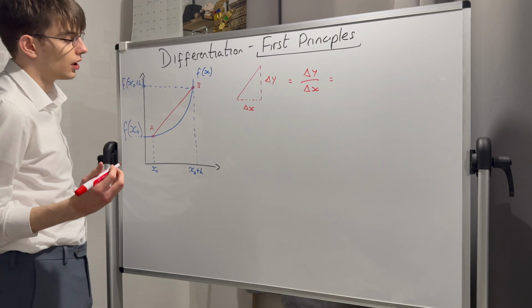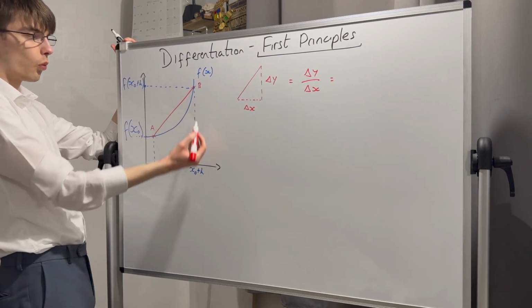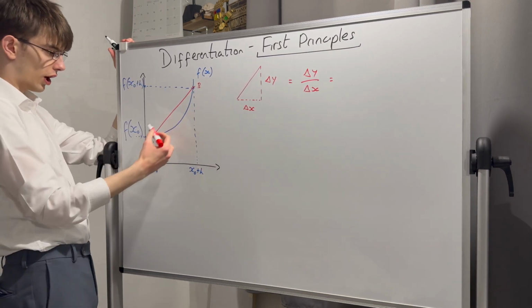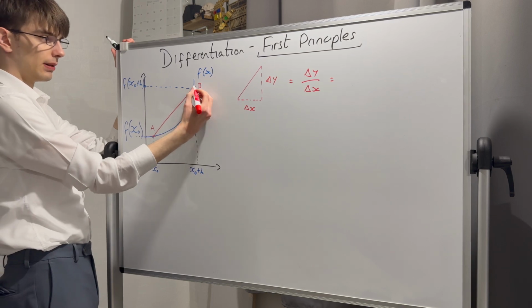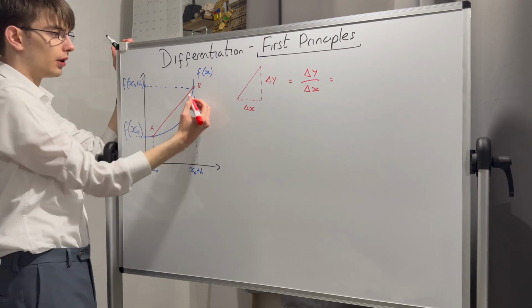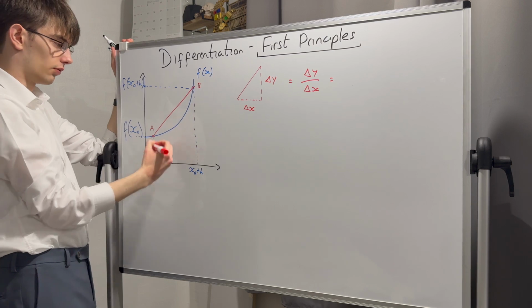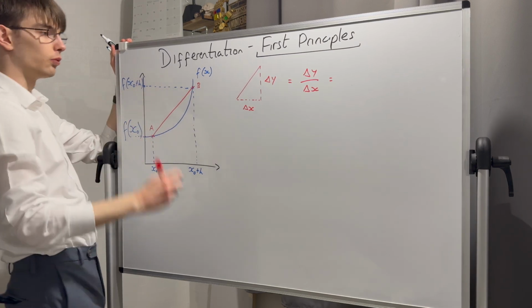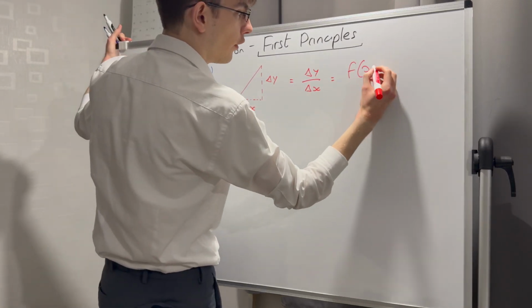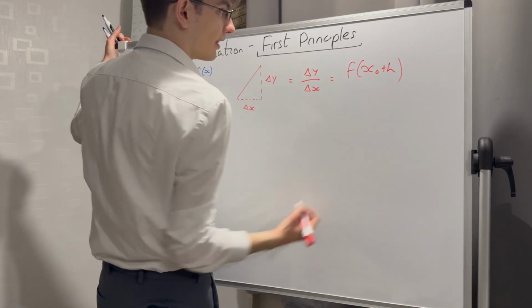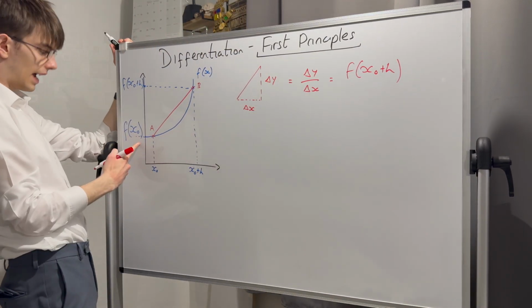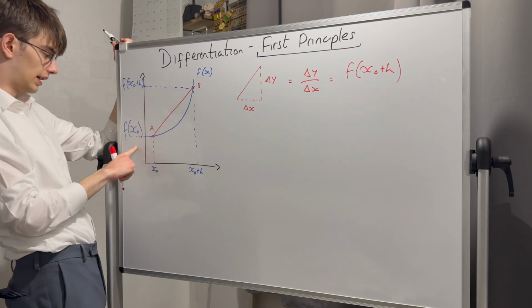Hopefully we know that. So, what's my change in y? Well, my change in y between A and B is going to be B's y value, because it's higher up, minus A's y value, because it's lower down. What's B's y value? Well, it is f of x naught plus h, minus what's A's y value? It is f of x naught.